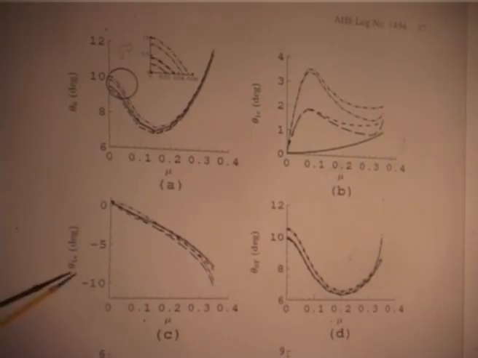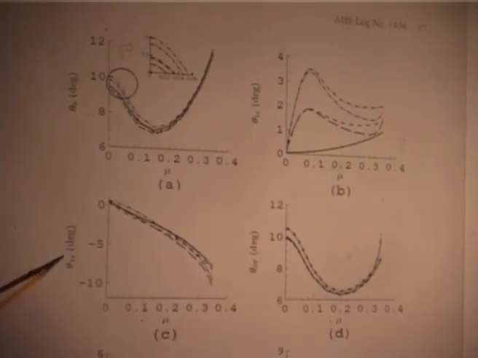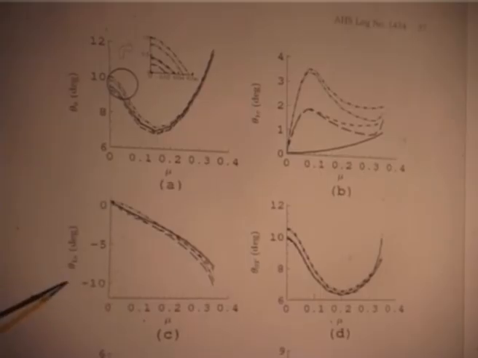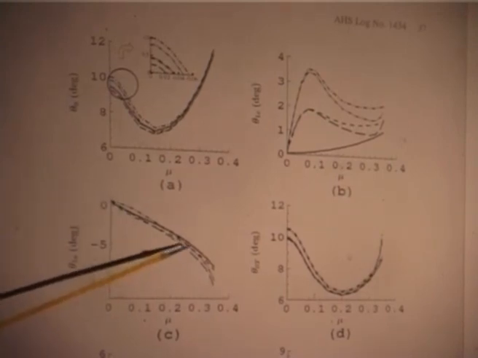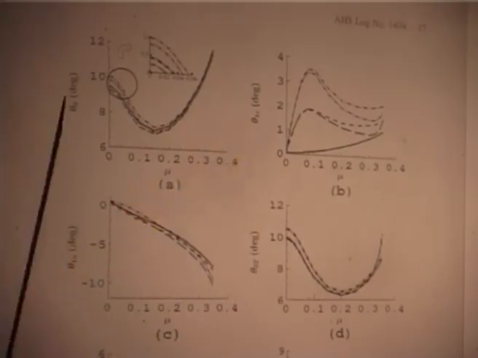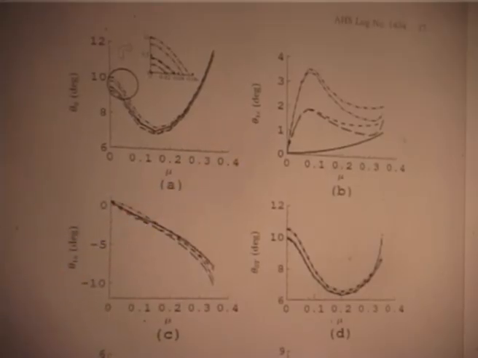And of course, you see theta 1s, that is the longitudinal cyclic, you see this is negative, okay, and that keeps increasing. These are with the different aerodynamic models. Now, here is theta 1c, which is the lateral cyclic.